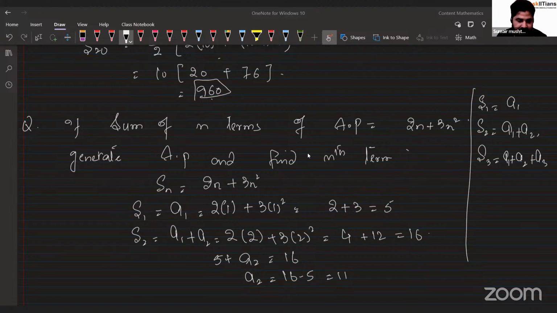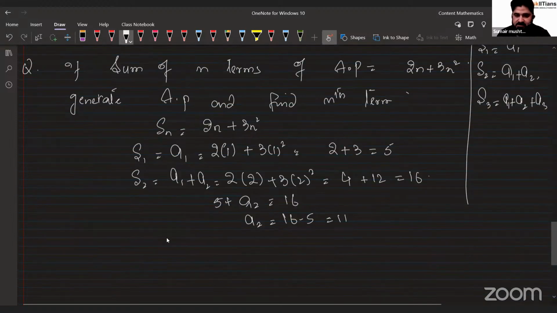Zahid, Bhavya, Pranav, everyone out there, let me know. Simple. You can find the third term easily.